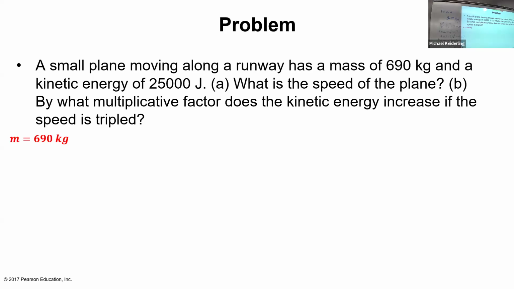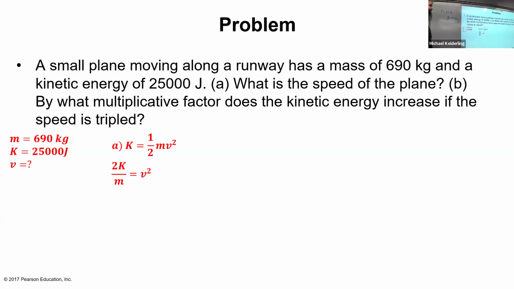Mass is 690 kilograms. Kinetic energy is 25,000 joules. And we want to find the velocity. Kinetic energy is 1/2 mass times velocity squared.